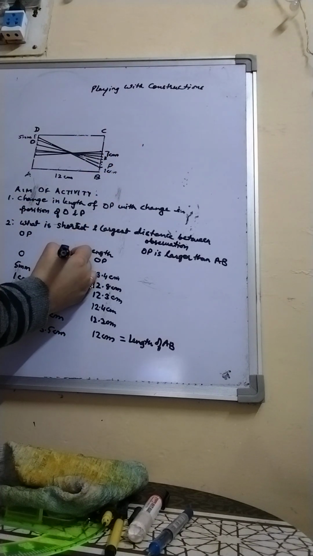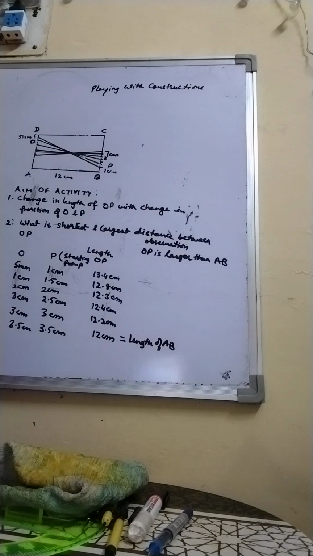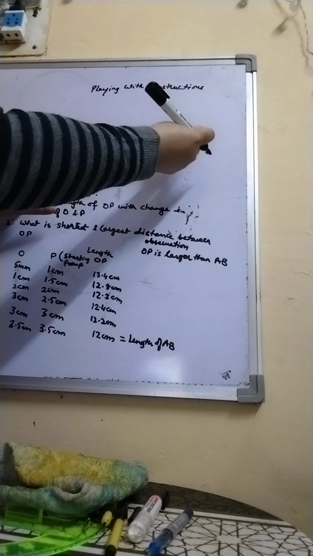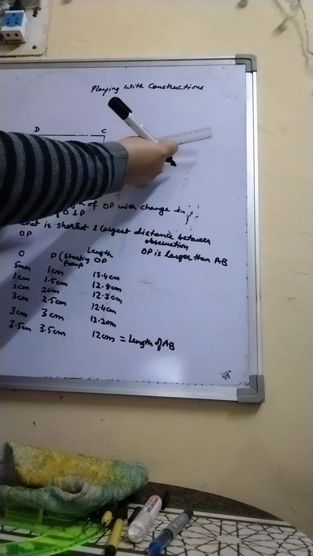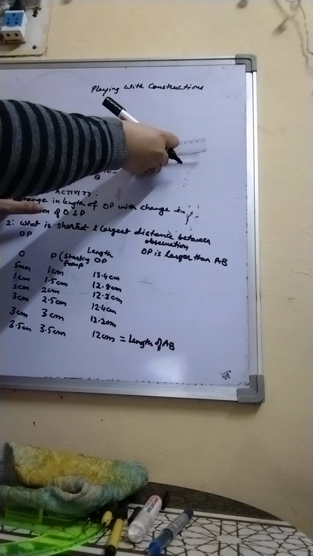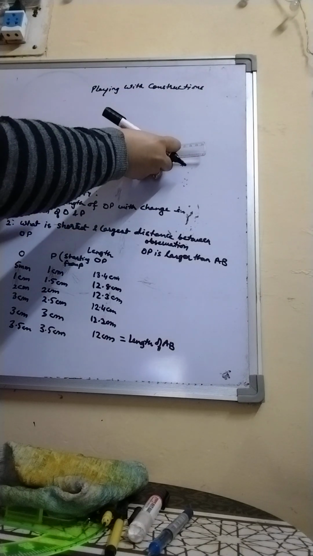P is starting from B. So P distance is starting from B, and O is starting from D. So we would measure the length.